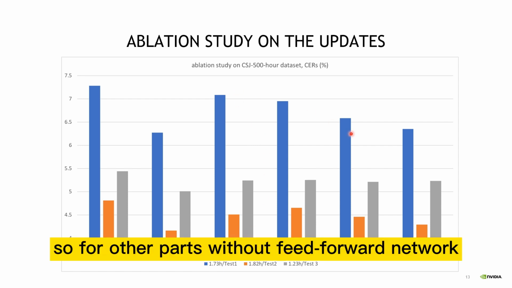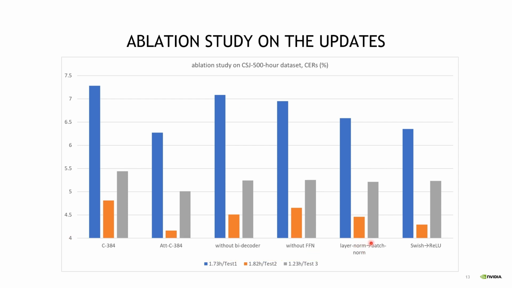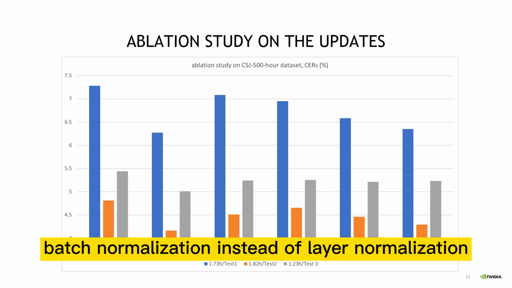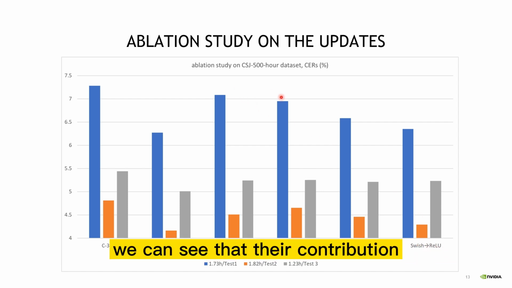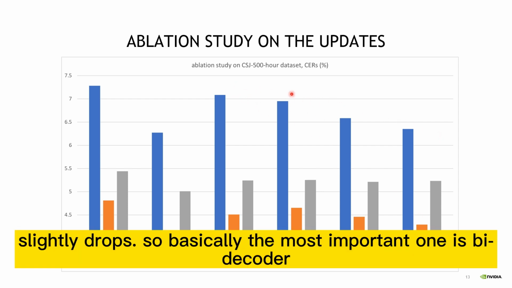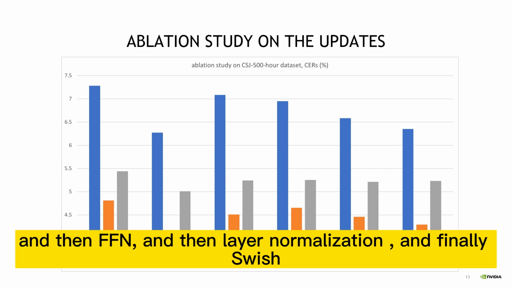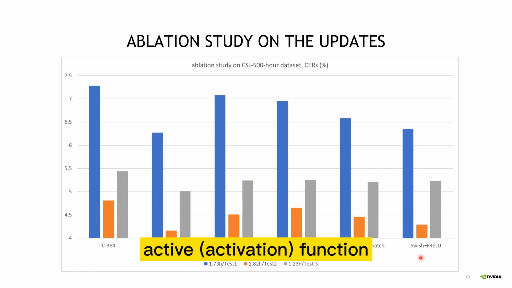For the other parts, removing the feed-forward network, using batch normalization instead of layer normalization, and using Swish instead of ReLU, we can see that the contributions drop slightly. So basically, the most important one is the bidirectional decoder, then the FFN, then layer normalization, and finally the Swish activation function.